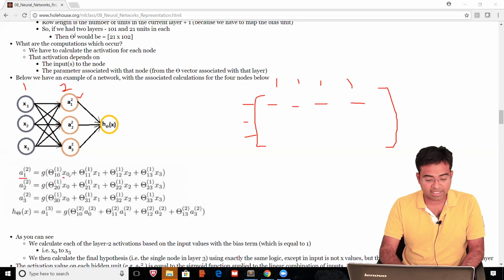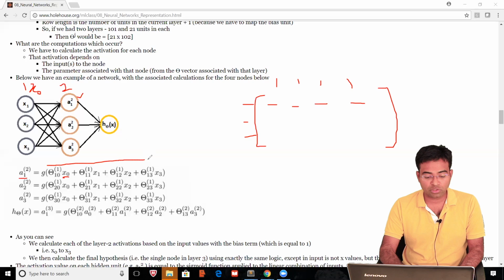We can see x0 coming into the picture. x0 is not visible here; it is the bias value. We'll just mention it so that we don't complicate things. So x0 into theta 1,0, x1 into theta 1,1, x2 into theta 1,2, x3 into theta 1,3.